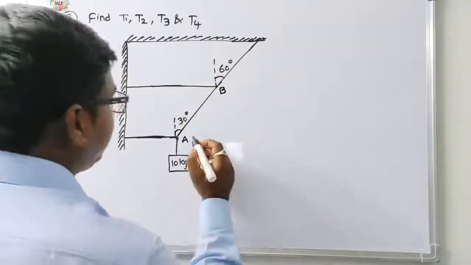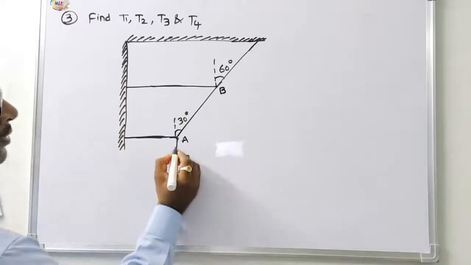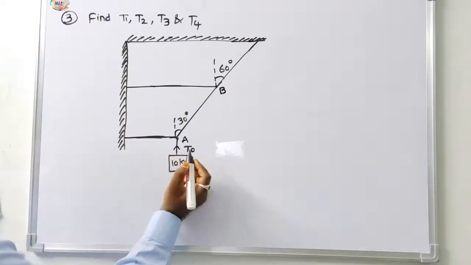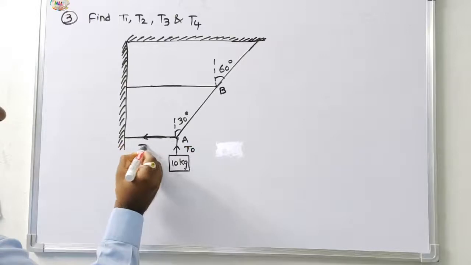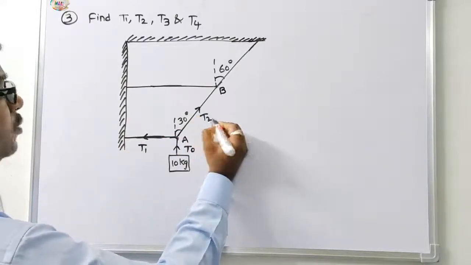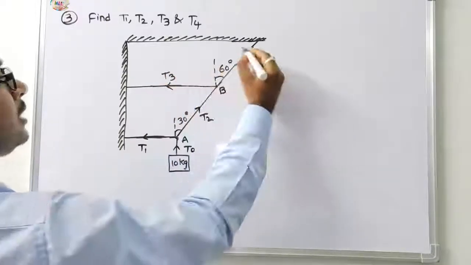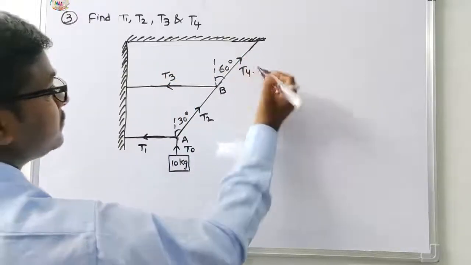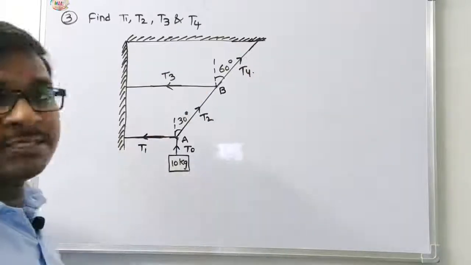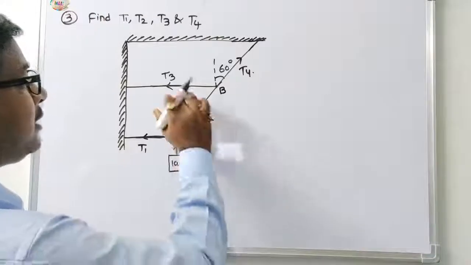Then identify the tensional forces. This is T naught, this is T1, this is T2, this is T3, and this is T4. This is the problem question. Next, find the values of T1, T2, T3 and T4.